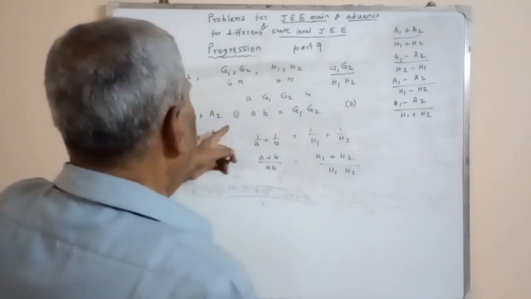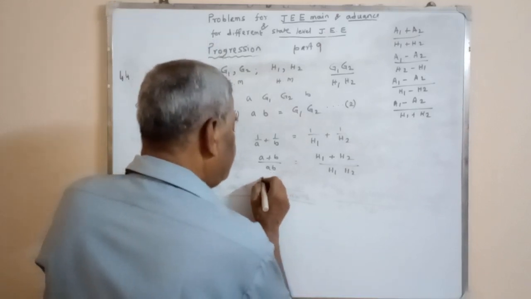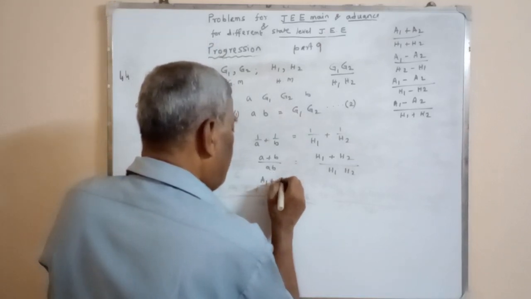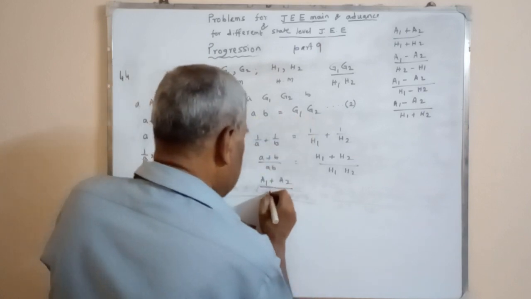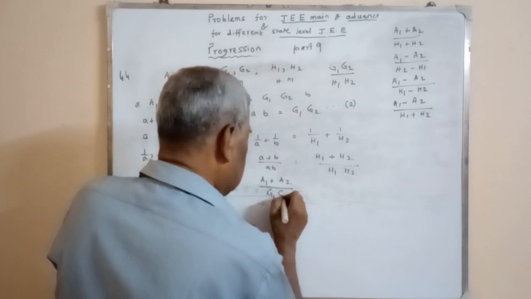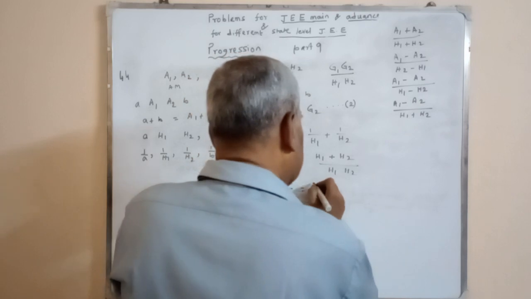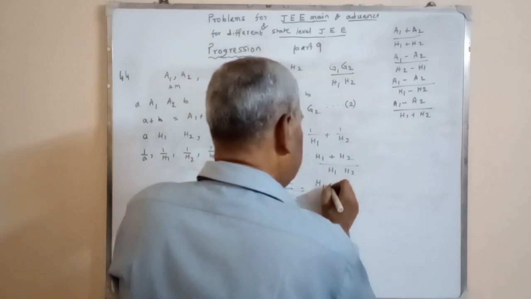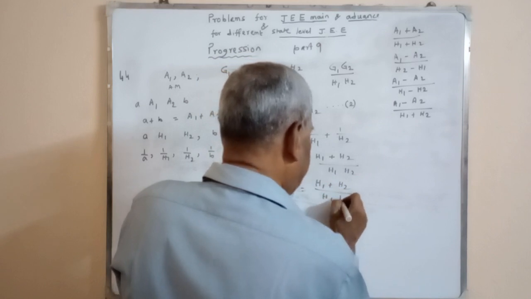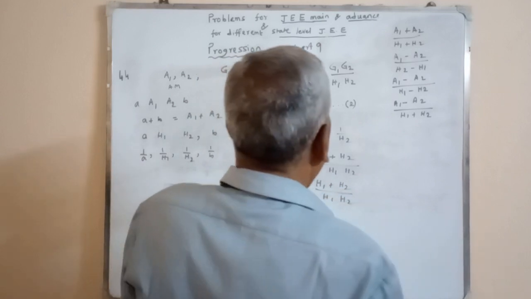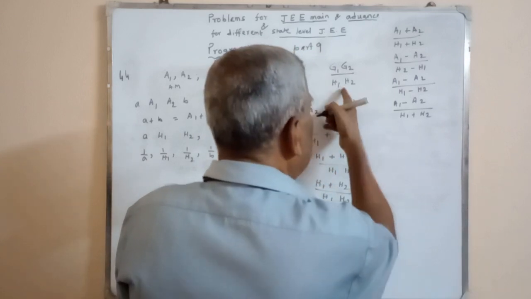But A plus B is equal to A1 plus A2, by AB. AB is your G1, G2, is equal to H1 plus H2 by H1 into H2. And our question is G1, G2 by H1, H2.